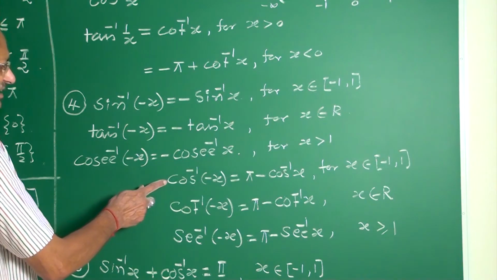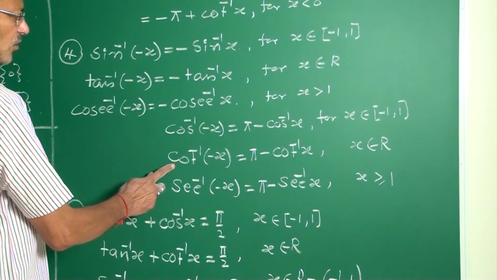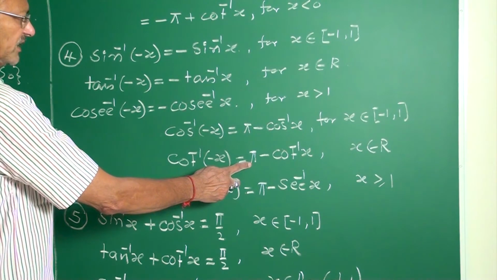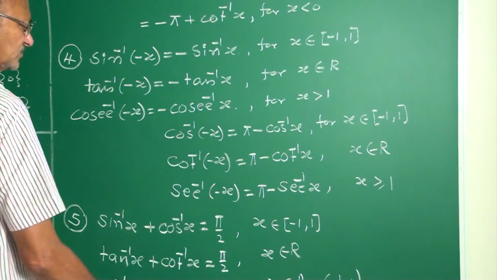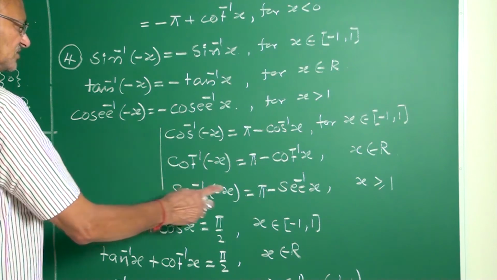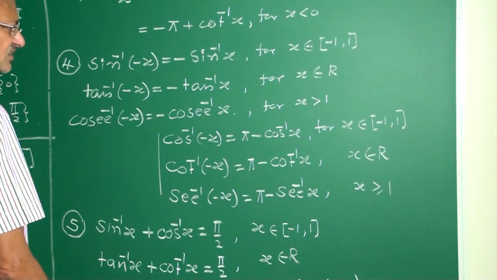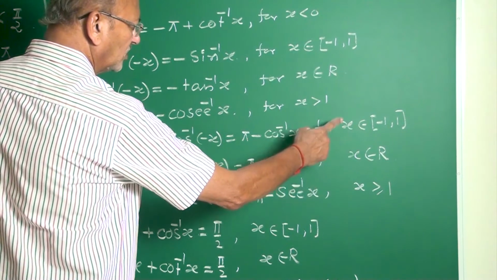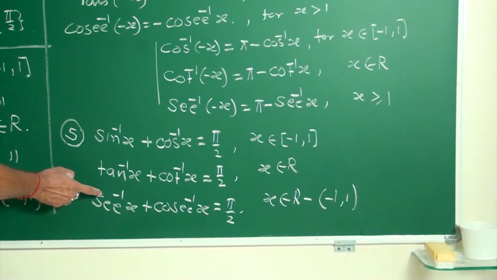Then the other three: cos inverse of minus x is pi minus cos inverse x. Cot inverse of minus x is pi minus cot inverse x. Sec inverse of minus x is pi minus sec inverse x. In these three cases, it is pi minus. I have written the values of x there. This is the simple property.